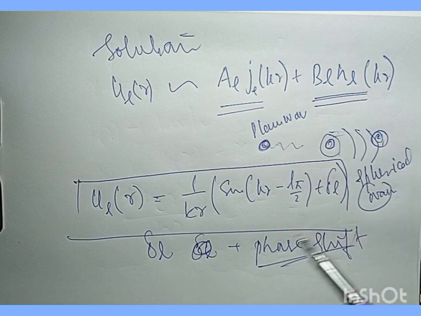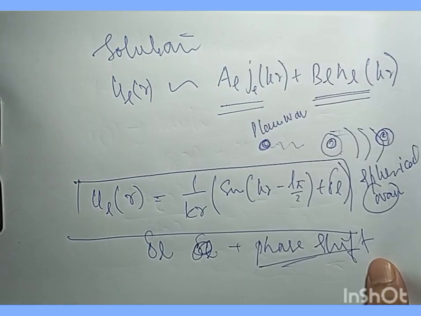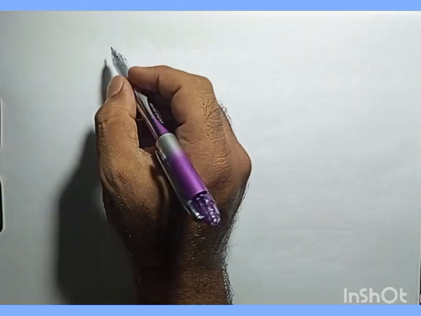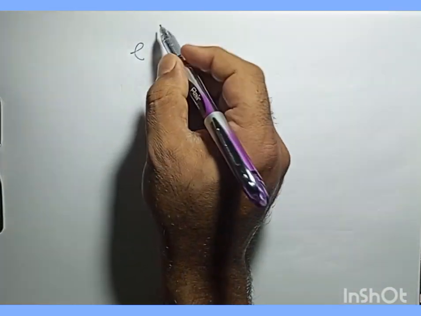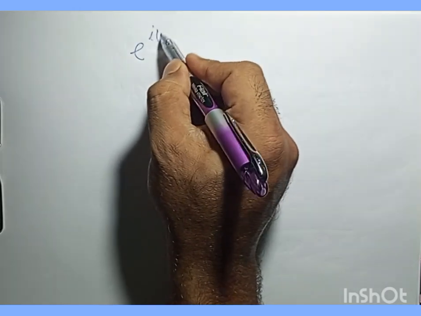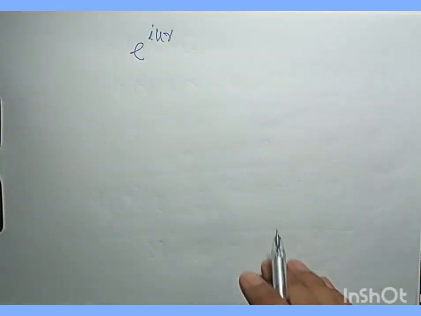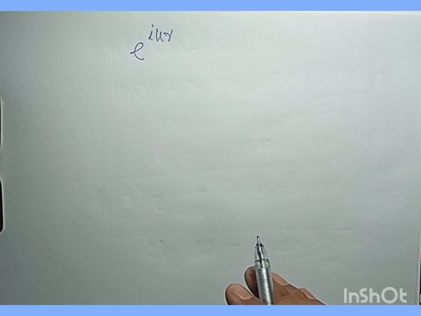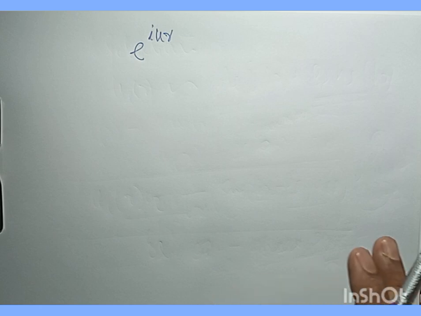Now, in the case of an incoming plane wave, I can think of it as e to the power of i kr, and the outgoing wave in the asymptotic region can be written as the sum over all these partial waves.